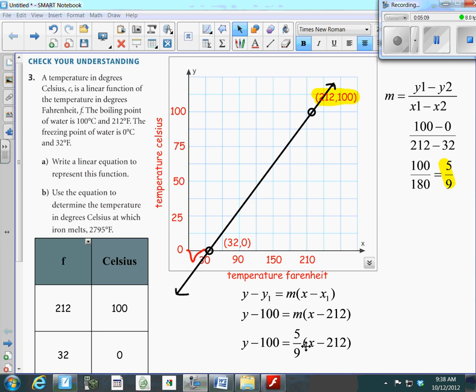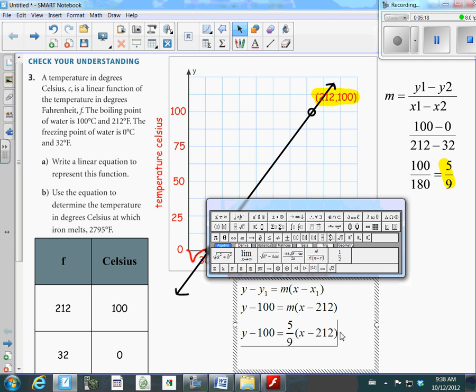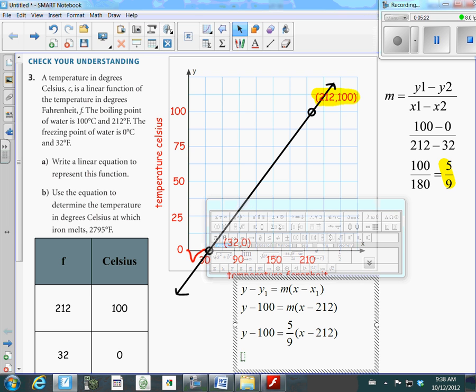And also in this situation, we have replaced the letter Y with Celsius. So what we could do is we could fine-tune this equation, and instead of writing Y, we could replace it with C for Celsius. Celsius minus 100 equals 5/9.